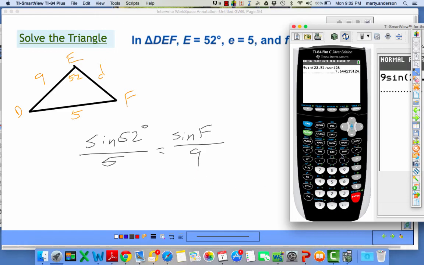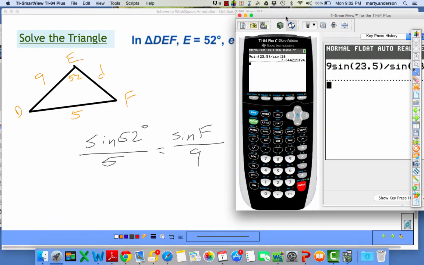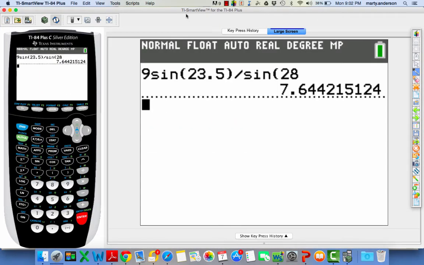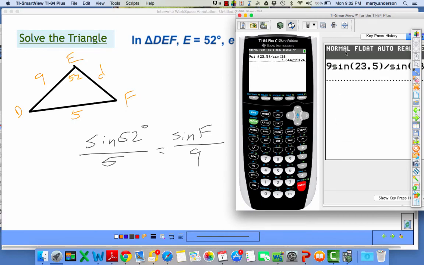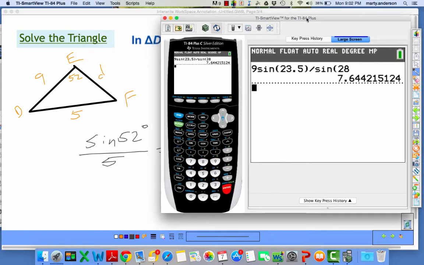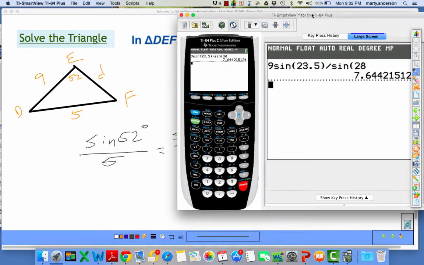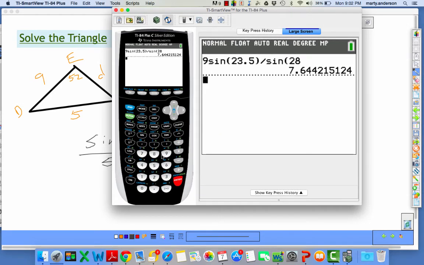Break out the trusty calculator. Do some calculations. 9 sine 52 divided by 5.